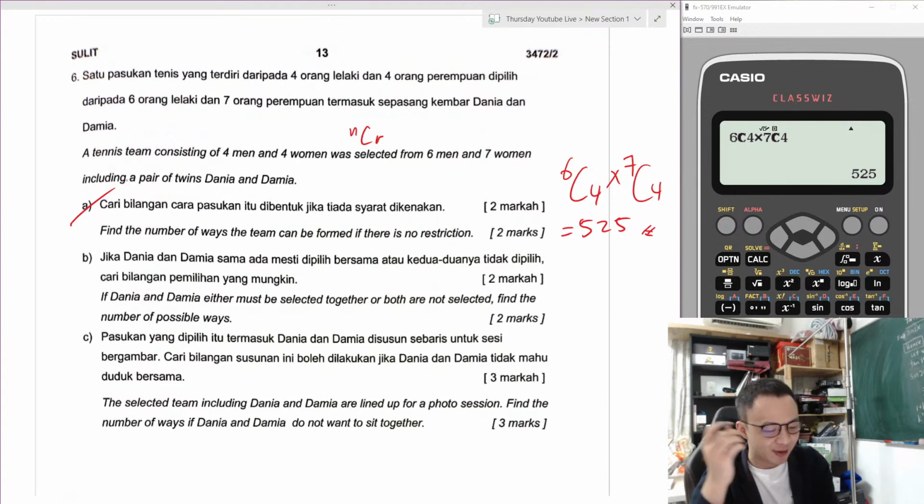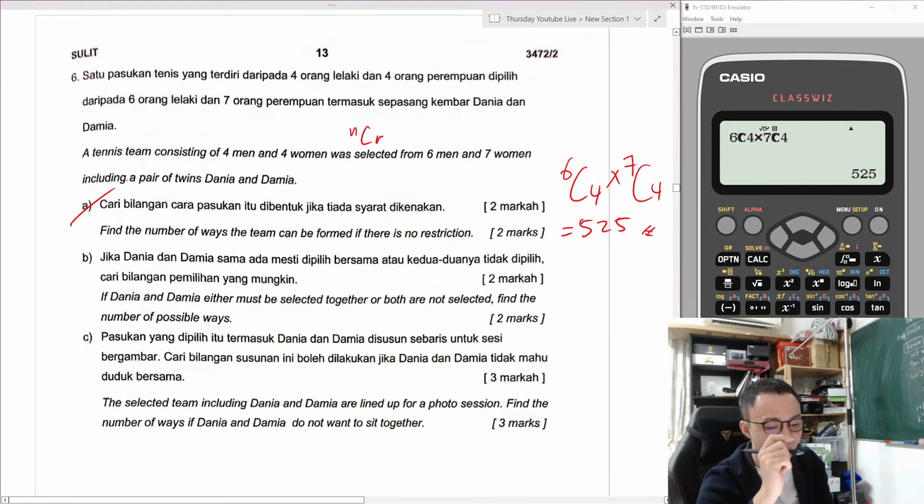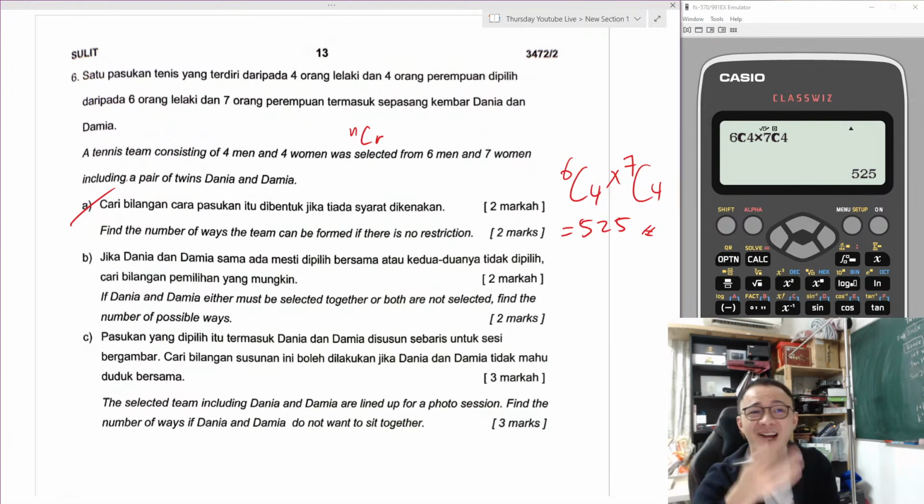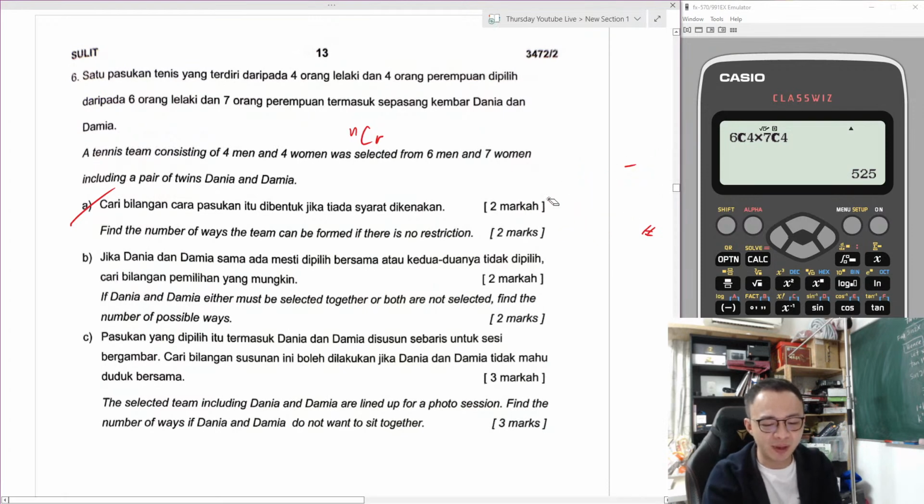Then part B is quite a classic kind of question, because it always happens this way. If Dania and Damia must either be selected together or both not selected, find the number of possible ways. Whenever I have this kind of husband and wife, or cousins, or brother and sister, they have a relationship, so they are particular people. I will not join them into the 6 men and 7 women and then randomly select, because it's not going to work that way. What I want to do is separate them.